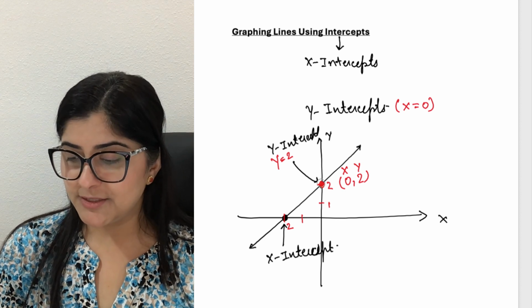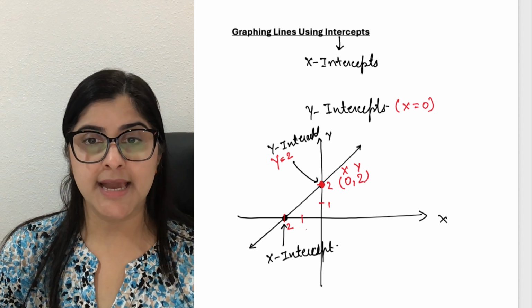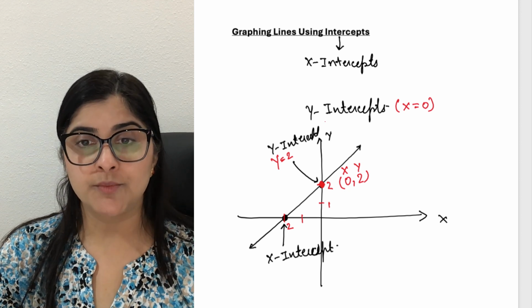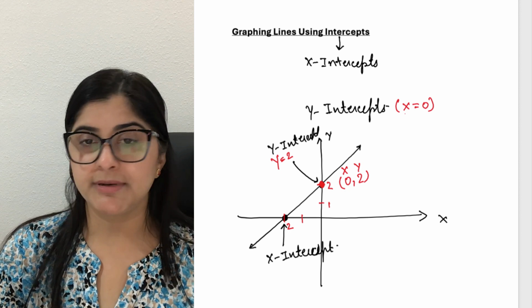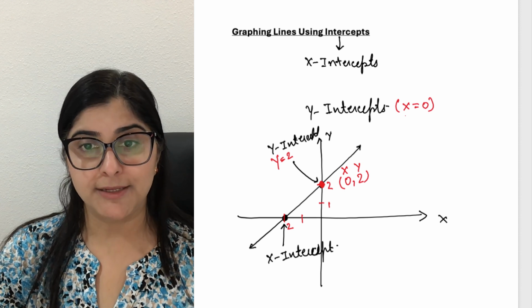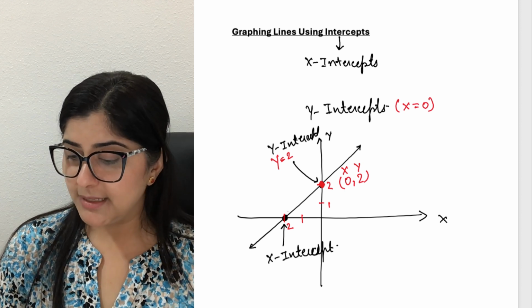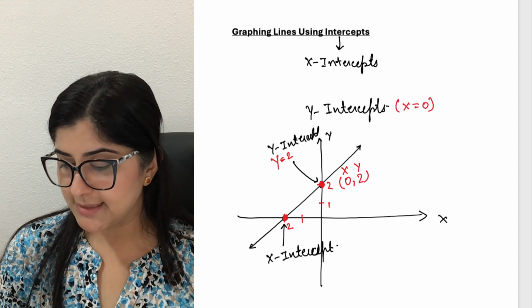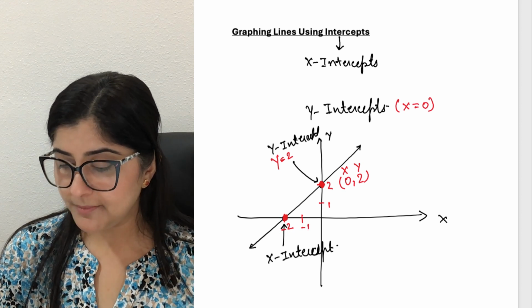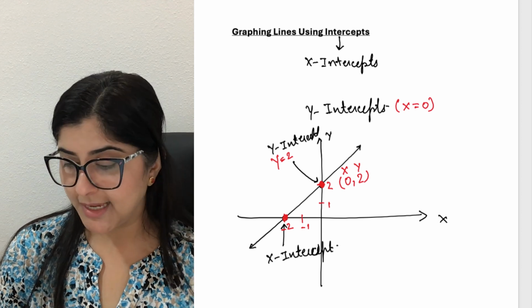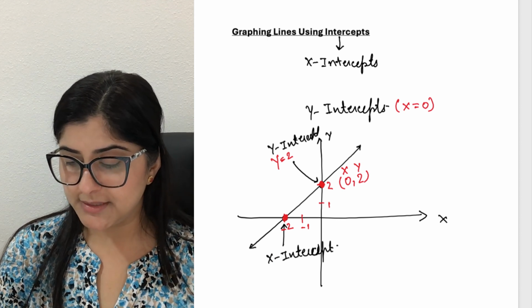Graphically, it is very easy to see where the line crosses the y-axis. Algebraically, when you have to find the y-intercept, you have to replace x with 0 in the equation and solve for y. Similarly, graphically, you see that this line crosses the x-axis at -2, and on the x-axis the y value is 0.